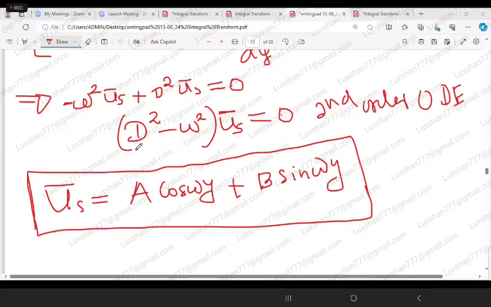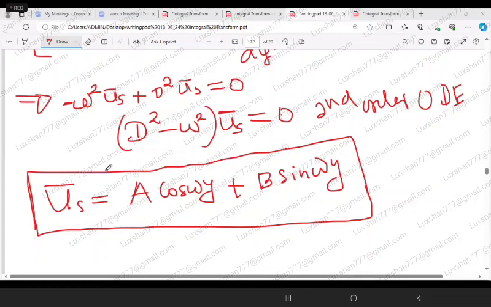If you solve this equation, will you get this one? We have already studied differential equations. What is the solution of this equation?